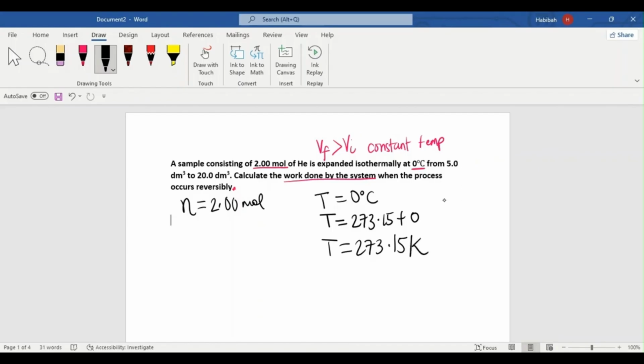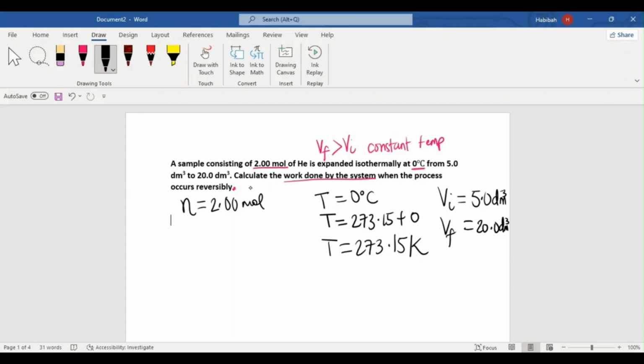And we have the initial volume, V initial, to be 5.0 dm cubed, V final to be 20.0 dm cubed.